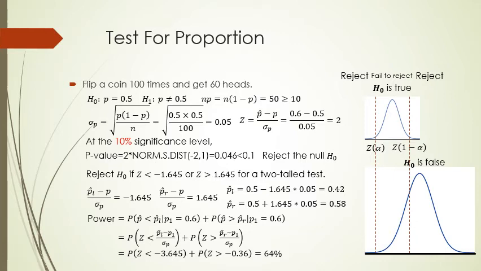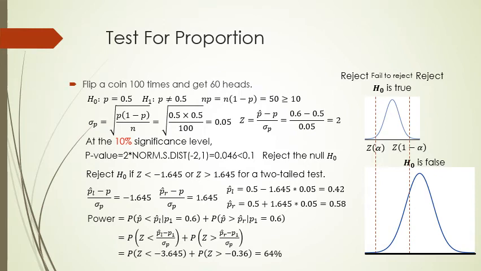The population proportion is 0.5, so the left critical sample proportion is 0.5 minus 1.645 multiplied by the standard error, which yields 0.42. And the right critical sample proportion is 0.5 plus 1.645 multiplied by the standard error, and we have 0.58. The right graph shows two red dashed lines instead of one because the test is a two-tailed test.